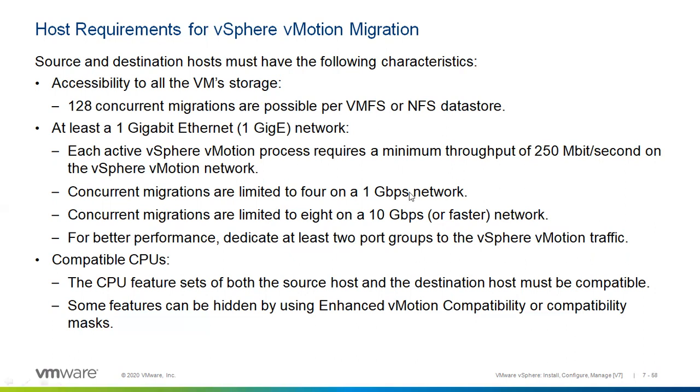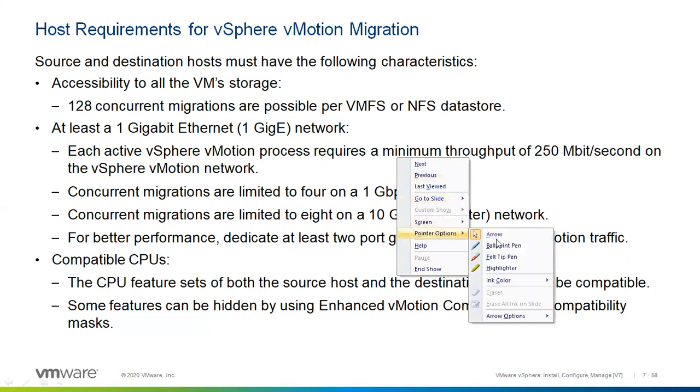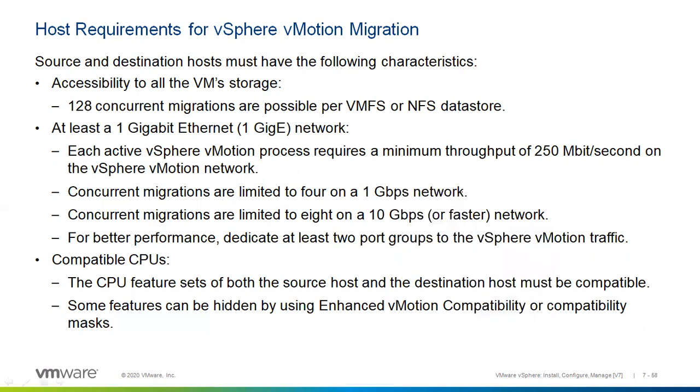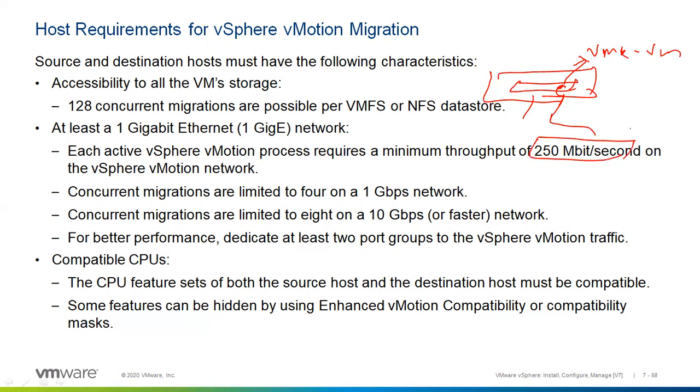What it's trying to say here is, for example, if this is my ESXi host, a dedicated VMkernel port is mandatory to configure vMotion. If vMotion is happening to another ESXi host with the same architecture, then this pipe should have a minimum of 1 Gbps speed available.